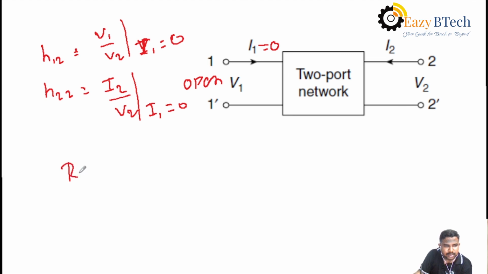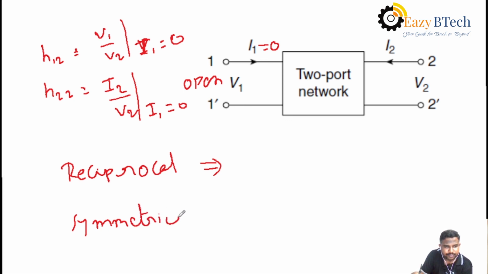If the network is reciprocal and if the network is symmetrical, then what are the conditions?